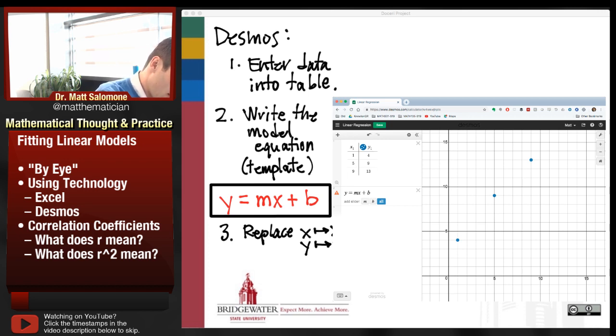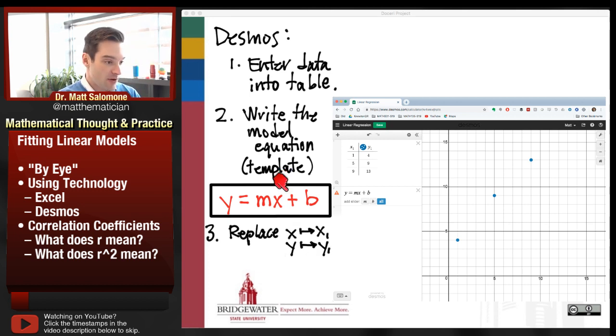So that'd be x1 and y1, just because, whoops, I'm running off the screen here. What I want to make sure happens is I want to make sure Desmos is referring for these x and y values back to the x and y values that are part of this particular data table. So rather than y and x, I need to write y1 and x1.